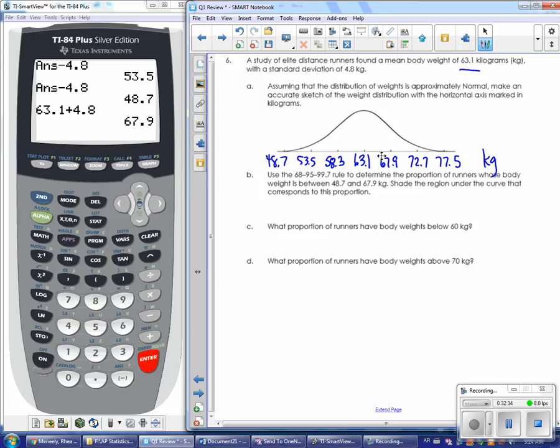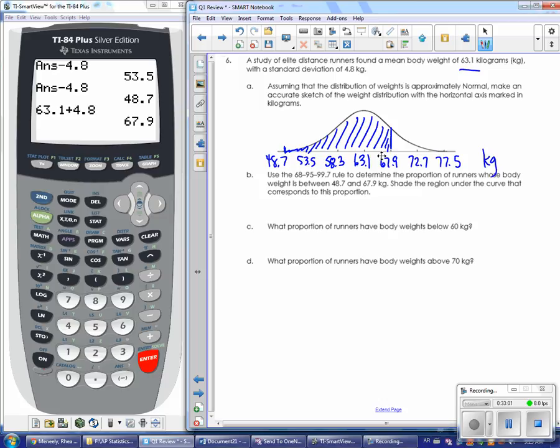Okay. In letter B, it says use the 68, 95, 99.7 rule, that's your empirical rule, to determine the proportion of runners whose body weight is between 48.7, so that's here, and 67.9 in here. It says to shade the region under the curve that corresponds to this proportion. So I'm looking at this area here.